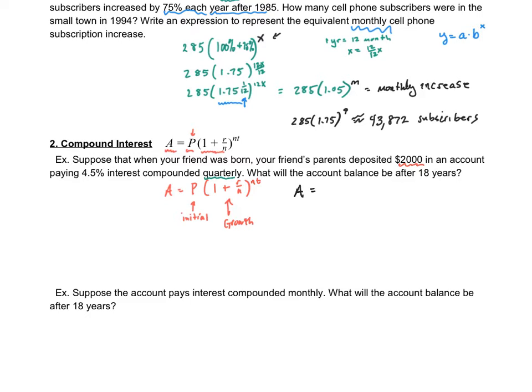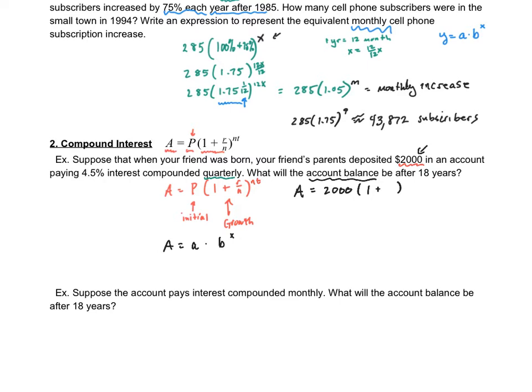and that is the account balance, which is going to be equal to the principal, the initial investment. So A is going to be the initial amount, my principal. In this case, my principal is $2,000, times 1 plus the rate.